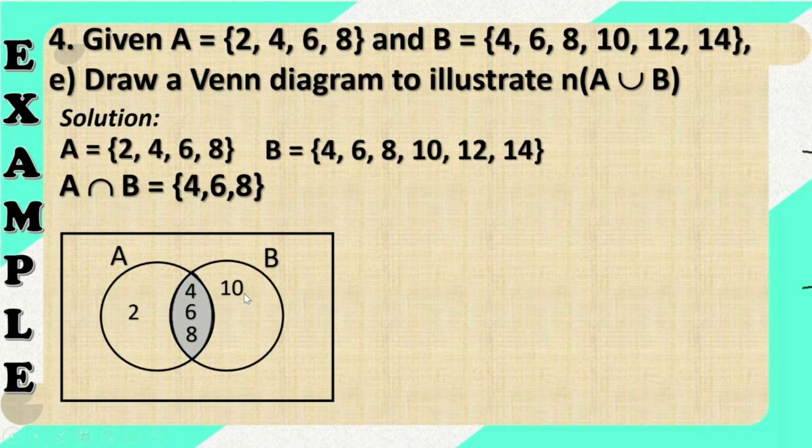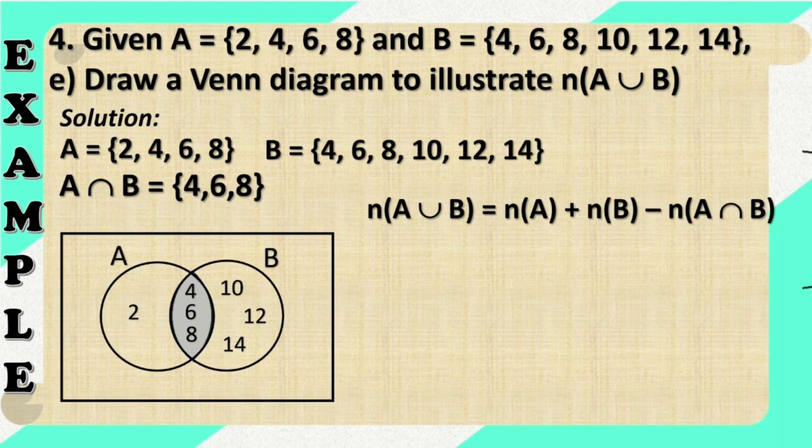So, ilalagay natin dito 10, 12, and 14. Okay. So, if you are going to count, we have 7 elements. So, 1, 2, 3, 4, 5, 6, and 7. So, that is the cardinality of A union B.